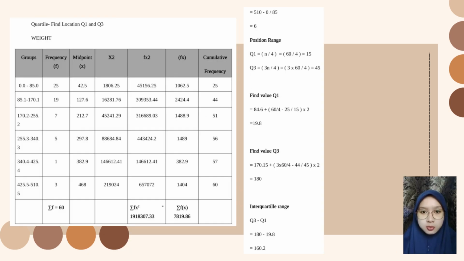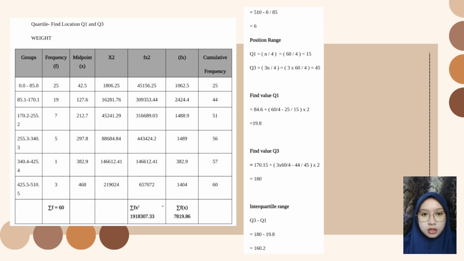Refer to the table, the position for quartile 1: 60 divided by 4 equal to 15. Then quartile 3: 3 times 60 divided by 4 equal to 45. For the value of quartile 1, 84.6 plus 60 divided by 4, then minus 25 divided by 15, then times 2 equal to 90.8.